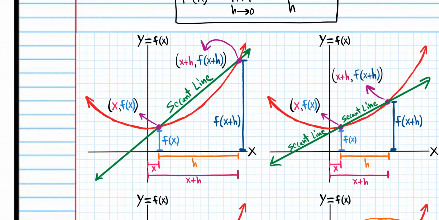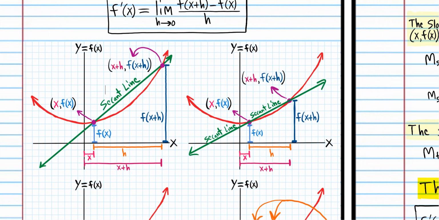And if we have x plus h as our x value and this point up here, then f of x plus h is our y value. So these are the coordinates of this point here if we add some h value to our original x value and get x plus h for our x value.